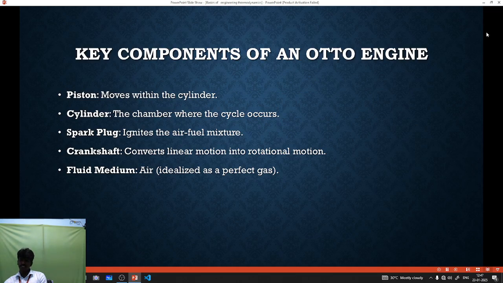Key components of the Otto cycle: the piston moves within the cylinder, between the cylinder walls; the cylinder is the chamber where the cycle occurs. The spark plug ignites the air-fuel mixture, the crankshaft converts linear motion into rotational motion, and the fluid medium is air. The air is compressed with the fuel and produces power.